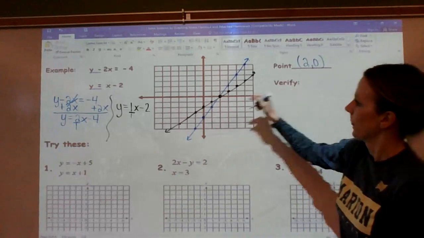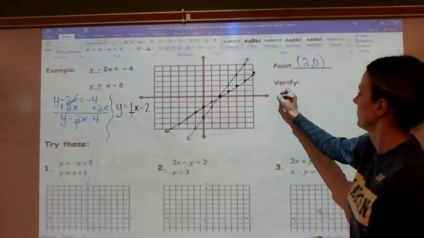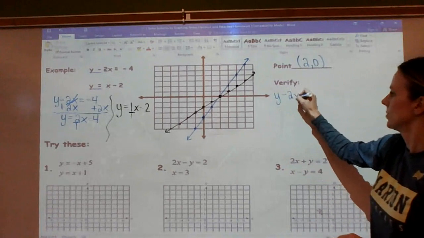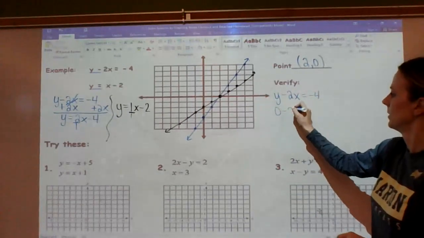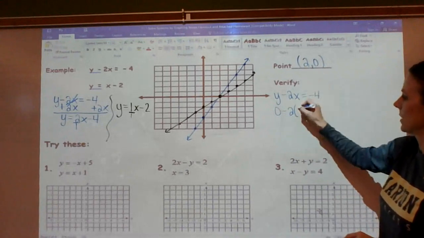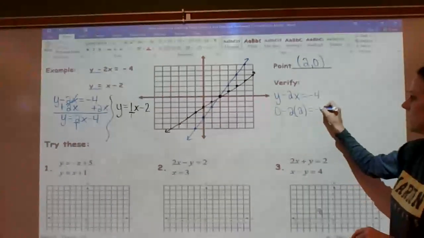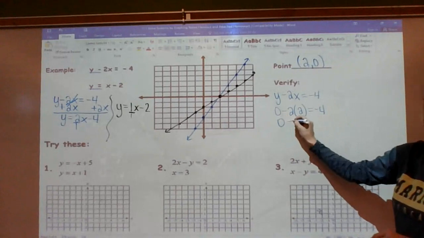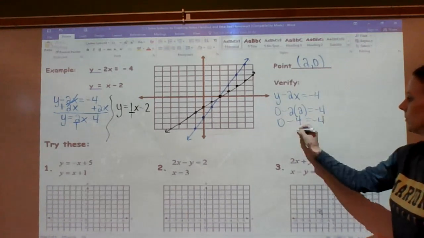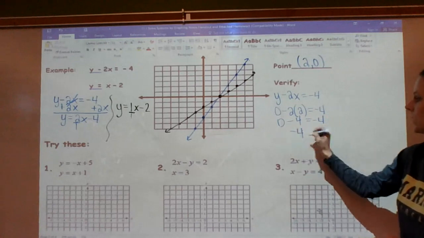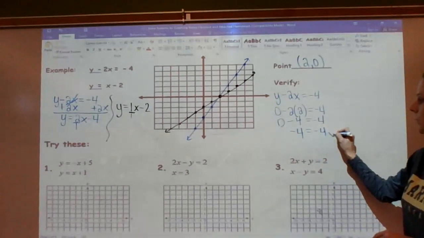So I'm going to use the original equation, y minus 2x equals -4. The y is 0. Minus 2 times our x, which is 2, and we're going to see, does that equal -4? So I've got 0 minus 4 equals -4, and this is true. -4 does equal -4.